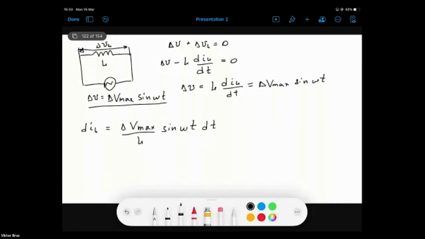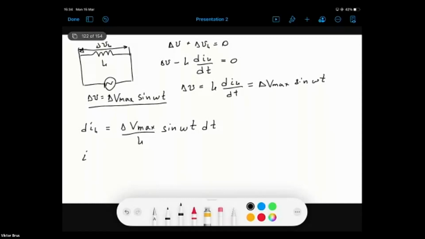Now we need to integrate this in order to get the expression for the instantaneous electric current through the inductor. Here we just take the integral and neglect the constant, because the constant is defined by initial conditions, but we don't care about them. We can choose any initial condition for this general case. So we need just to get the integral.